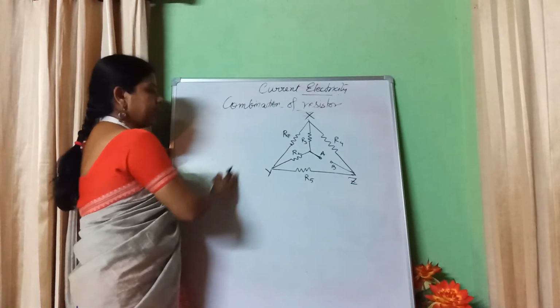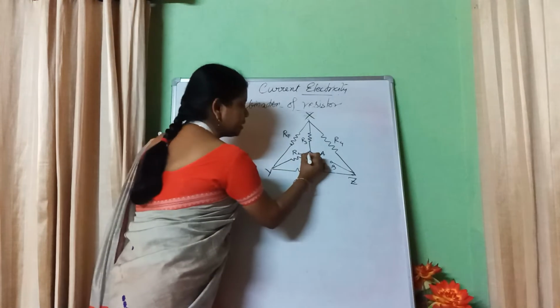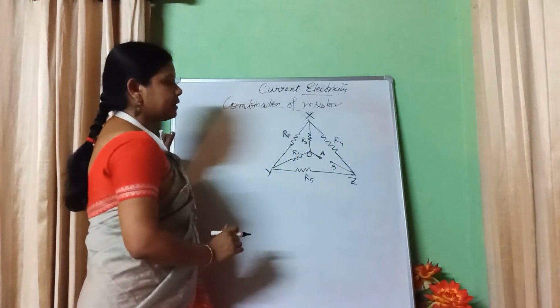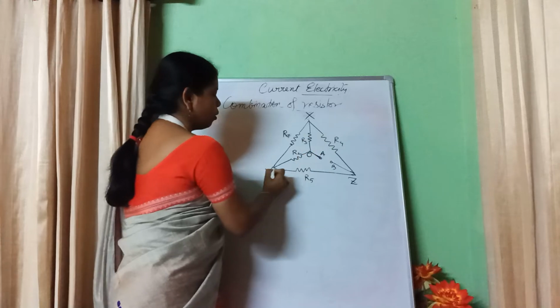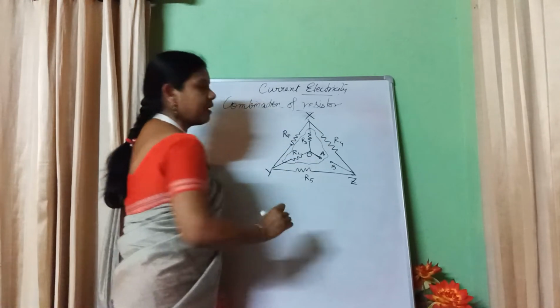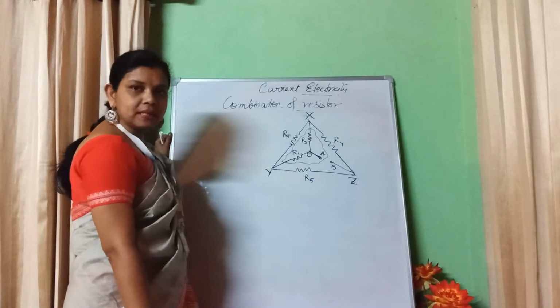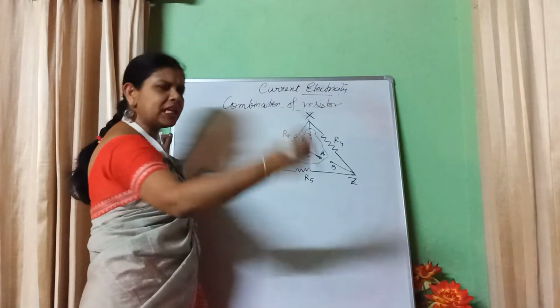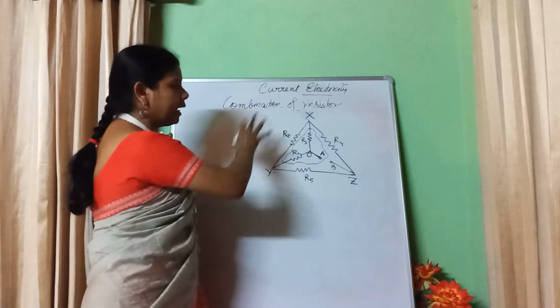In this particular case, suppose this is my O. We will think that X, O, Y and A, this part is a flexible part. Flexible means it can be easily pulled here and there, but the other parts are fixed.